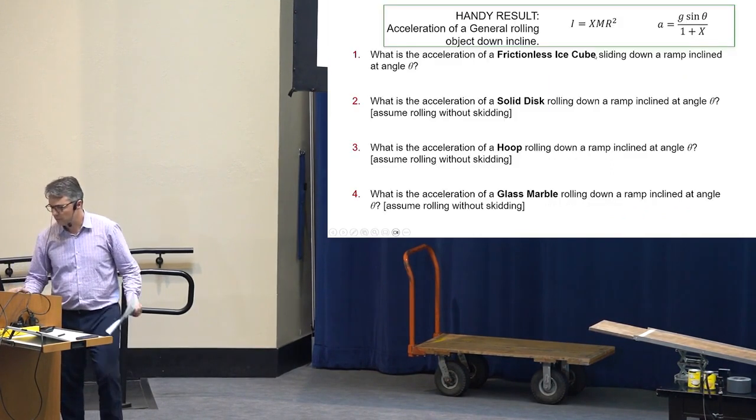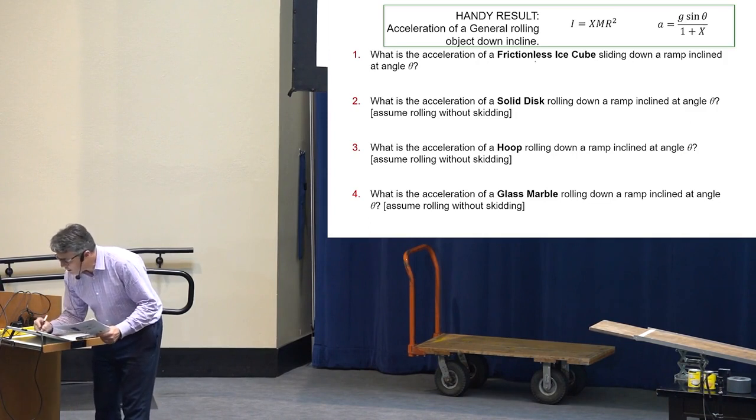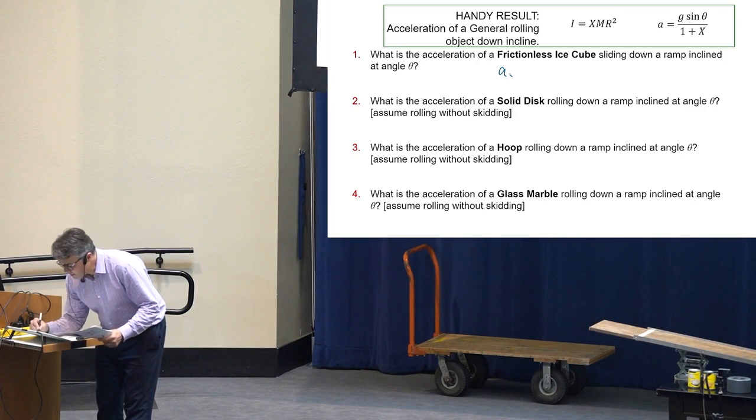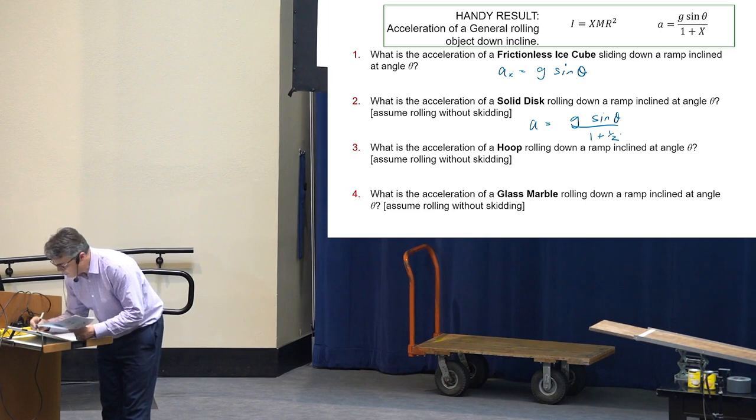So, we're going to do soup in a minute. What's the acceleration of a frictionless ice cube sliding down a ramp of an angle? It's just a sub x equals g sine theta. Solid disk, well, it's going to be a is equal to g sine theta divided by 1 plus a half. I think it's going to be something like 2/3, right? And then what about a hoop?